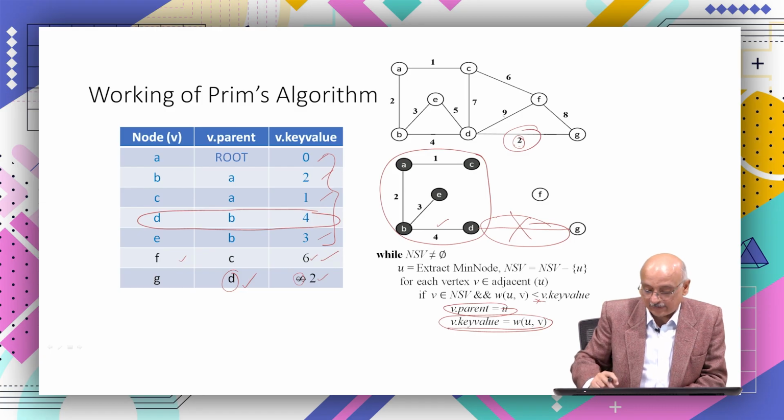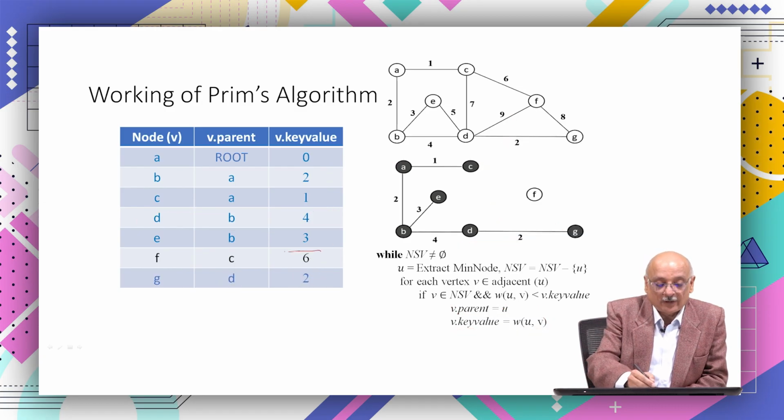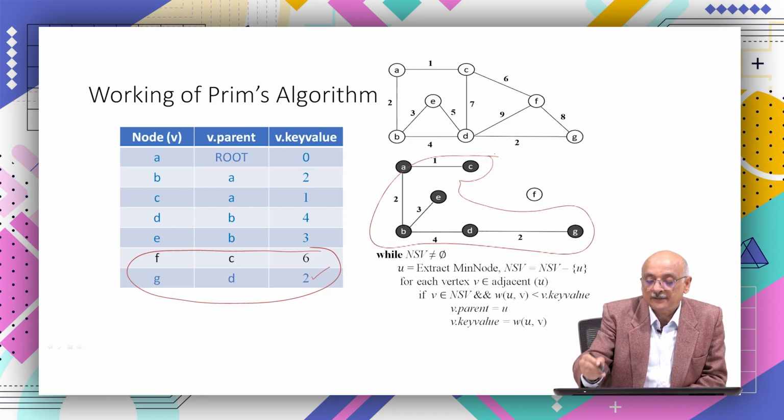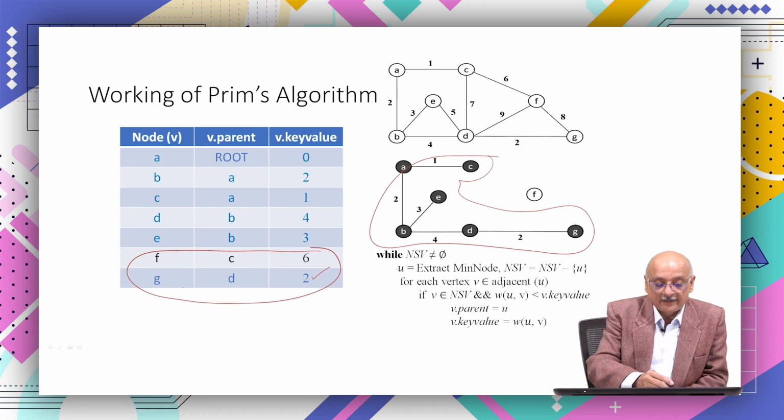Now is our final choice. We have to select one of these two. Which one is to be selected? Obviously the one with the low weight. That is how this will be added. So now this is my minimum cost spanning tree so far. All right. This has been added.